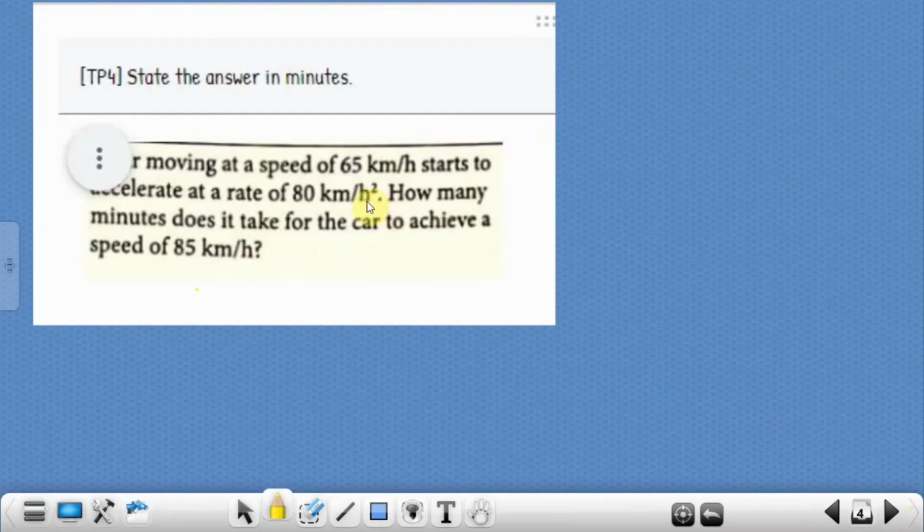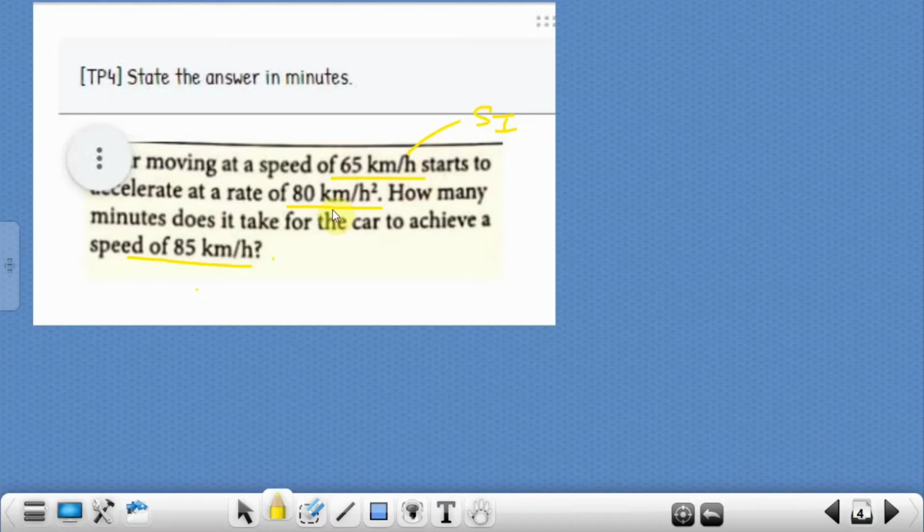A car moving at speed 65 km per hour starts to accelerate at a rate of 80 km per hour square. How many minutes does it take for the car to achieve a speed of 85 km per hour? First of all, we identify what is this 65 km per hour. This is the initial speed.